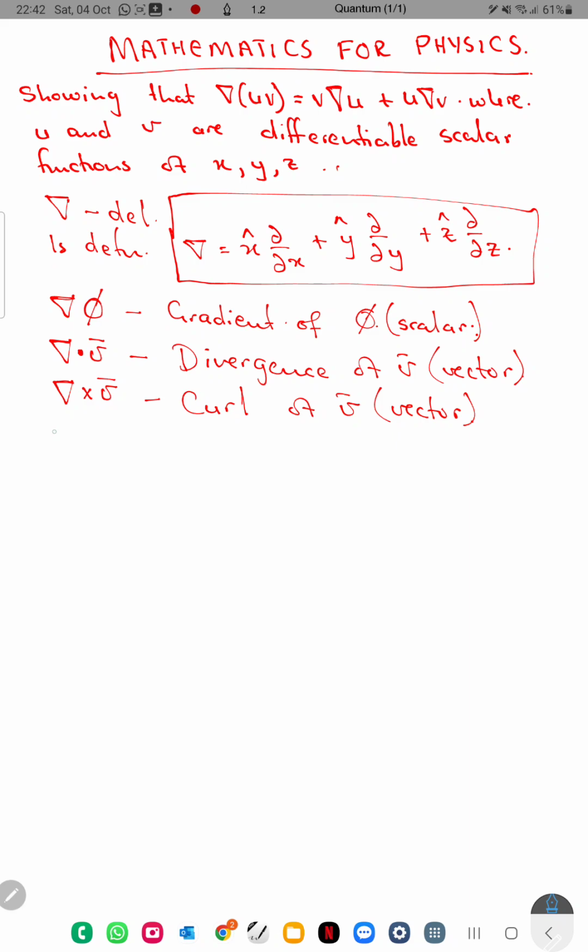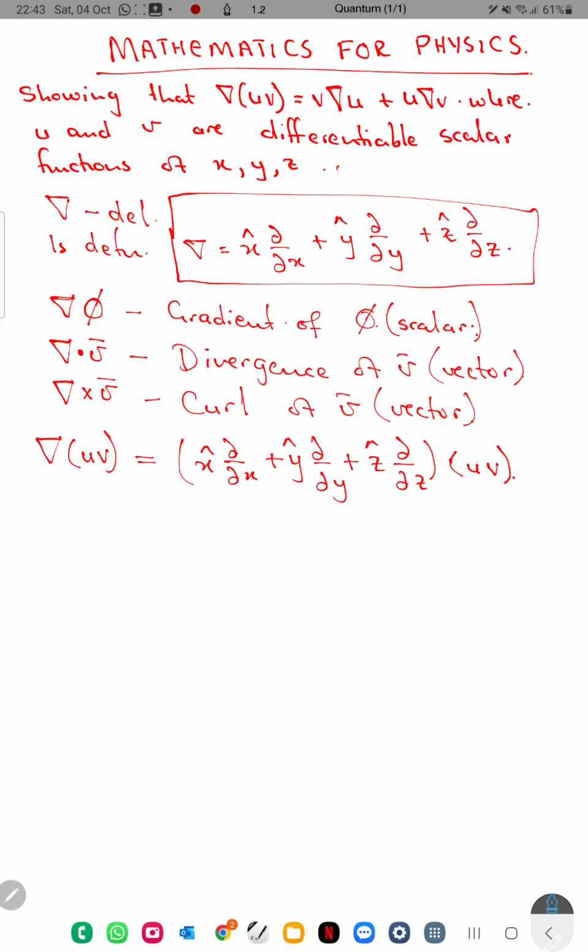So the del, the divergence and the curl, we have defined them. So let's look at the gradient, because u and v are scalars. The gradient of uv can be written as the operator x d of dx plus y d of dy plus z d of dz of the bracket uv.